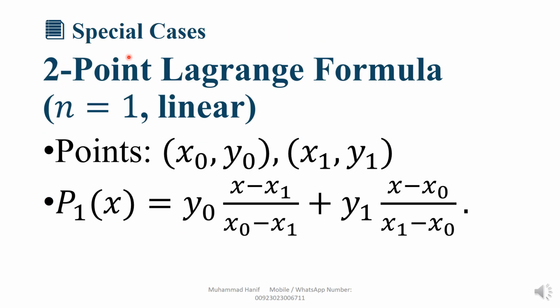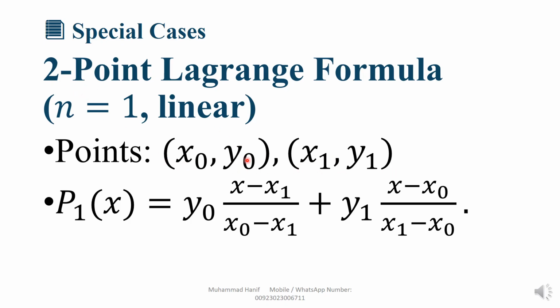Now, special cases. The 2-point Lagrange formula. n equal to 1, linear, points x0, y0, x1, y1. Here a 2-point formula is clearly defined.